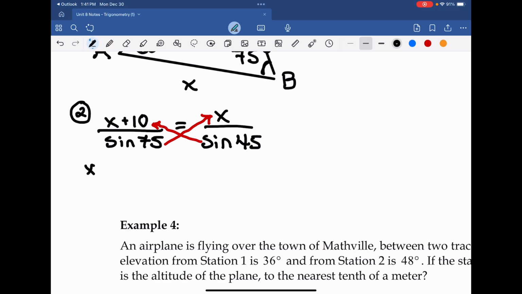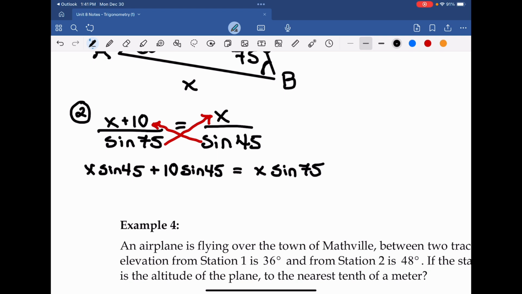So this would look like the following. It's going to be x times sine of 45 plus 10 times sine 45 by the distribution property is equal to x times sine of 75. So we cross multiplied it and then distributed the sine 45 and the sine 75 to each of the sides.